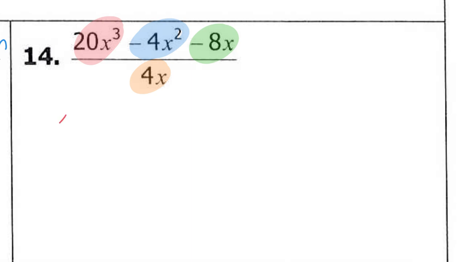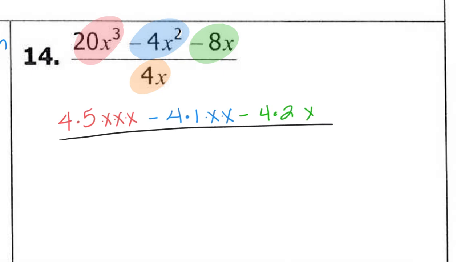So I know 20 is the same as 4 times 5 with 3 x's. I want to take away a 4 times 1 and 2 x's, and I want to take away a 4 times 2 with 1 x, divided by 4 times x.